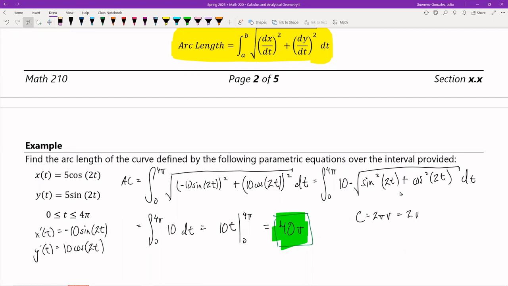So 2 pi times 5 is 10 pi. That's the circumference of one way around a circle of radius 5, and we did it 4 times. So it should be 10 pi times 4. And lo and behold, all is right with the world. This and this are both equal. We're good. Solid.